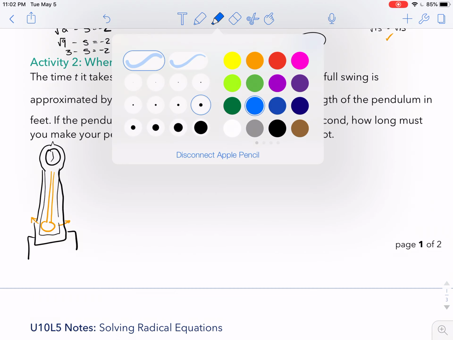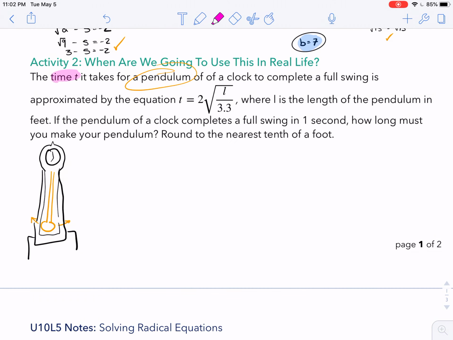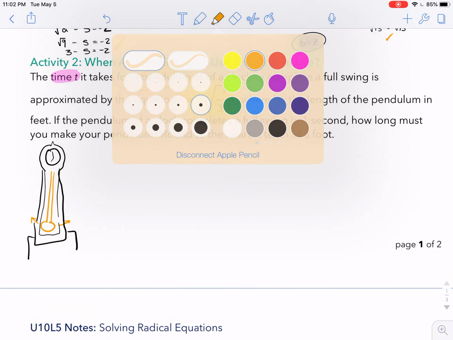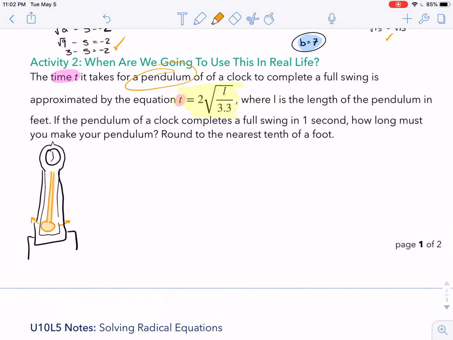Okay, so we have this expression that tells us the time t it takes for a pendulum of a clock to do a full swing, that is, go back and forth. It is approximated by the equation t equals 2 times the square root of L over 3.3, where L is the length of the pendulum.